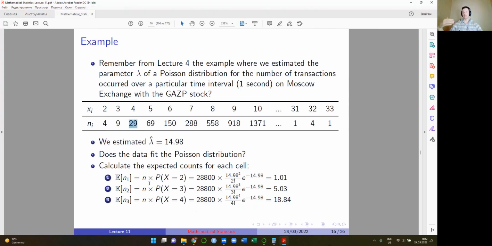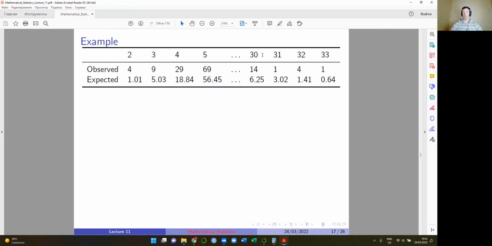We do this for every cell in this table, and then we see the observed counts and expected counts. For every xi, we do the same. After all, we will have something like this. I reduced this table, of course, in the middle. So we will have observed counts and expected counts. Here we are. And now we have the same table as we had in the first example.